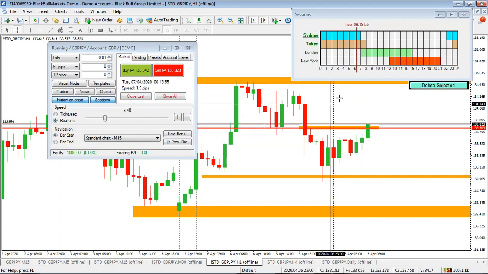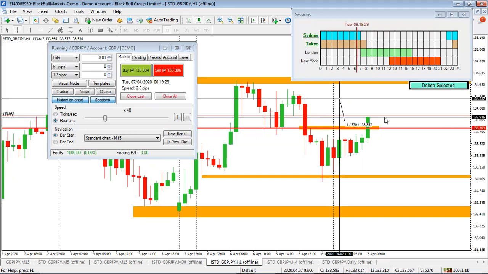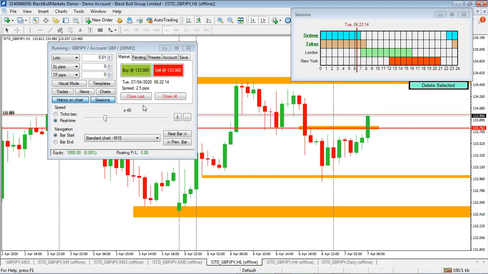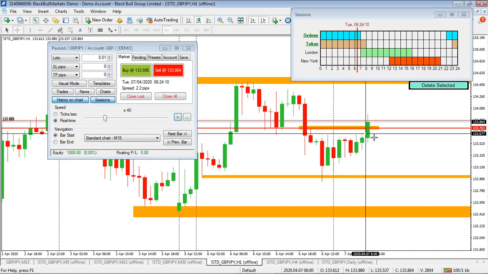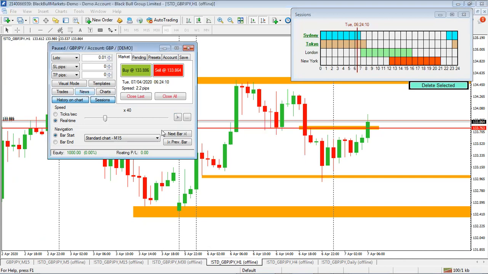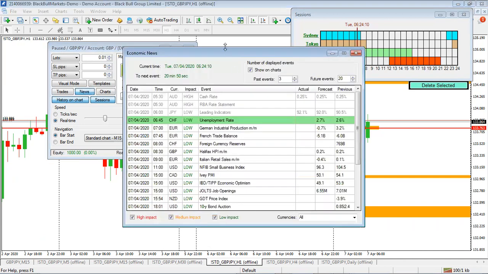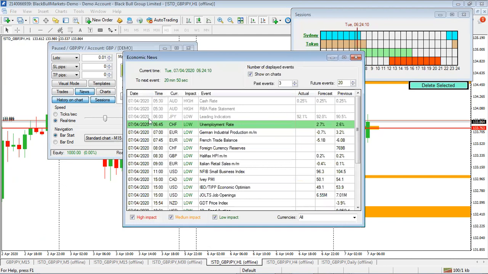How many pips? 30-some. You see this move of 35 pips. Chances are we missed the news, the GBP, but I understand it can be because we haven't opened this yet, so it's nothing to worry about.